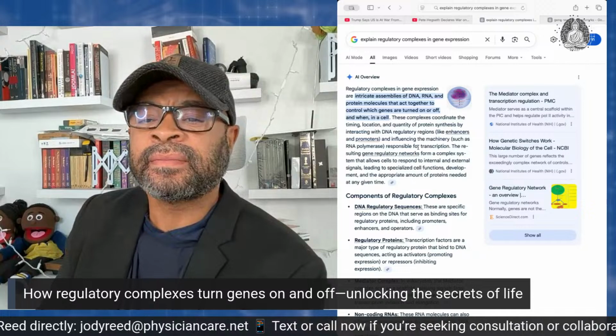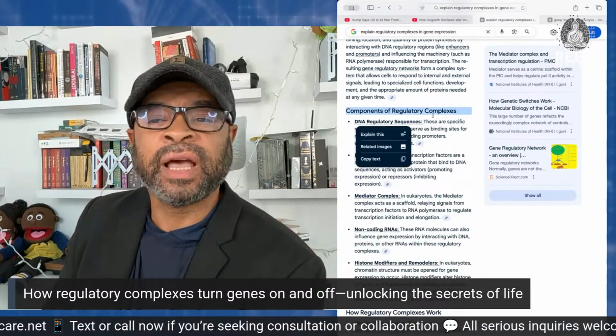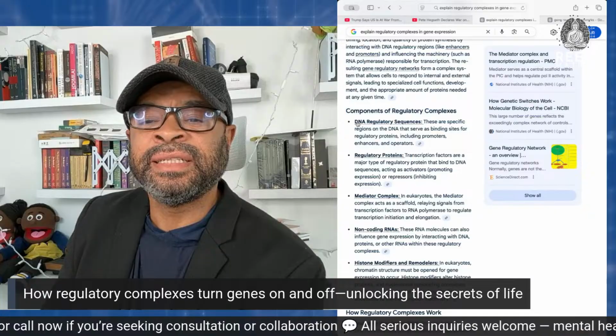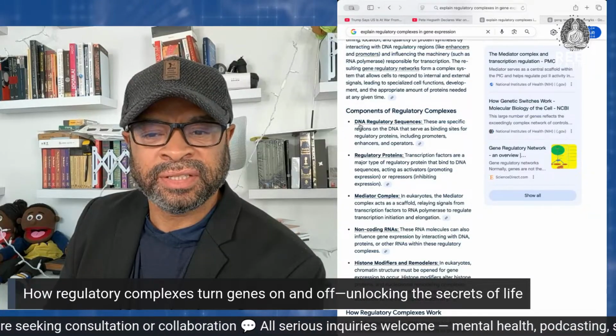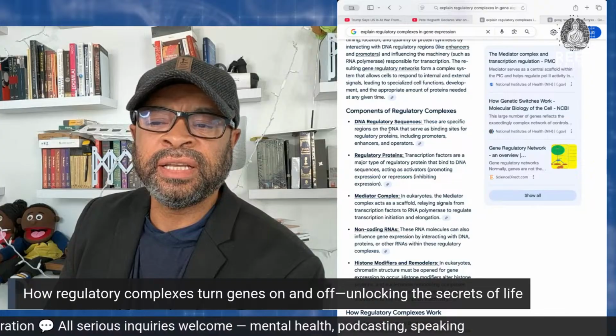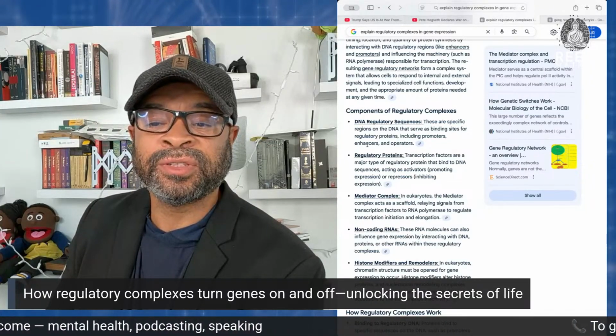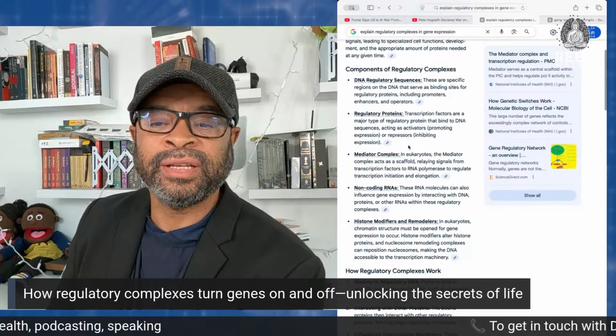Let's see here. Components of regulatory complexes: DNA regulatory sequences. These are sequences on the DNA, specific regions that serve as binding sites for regulatory proteins, including promoters, enhancers, and operators. Great.